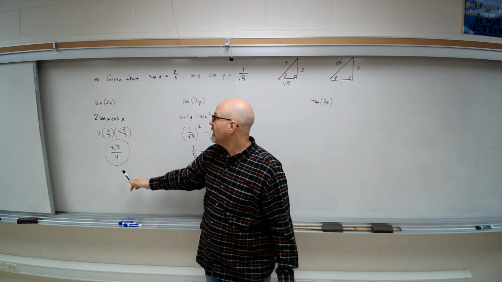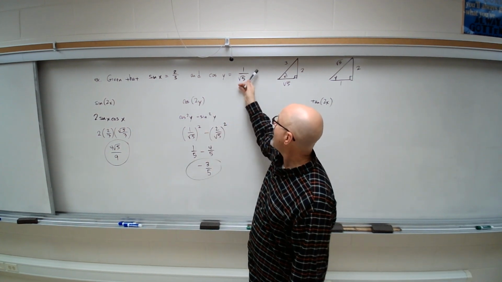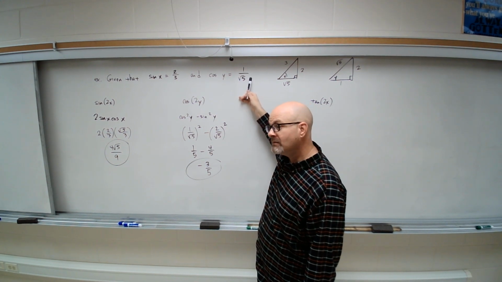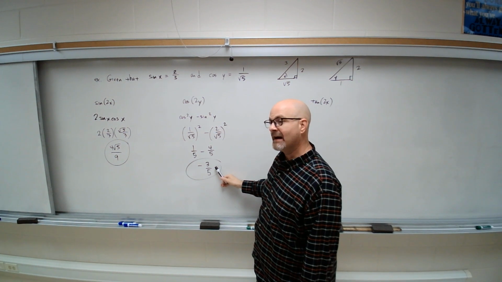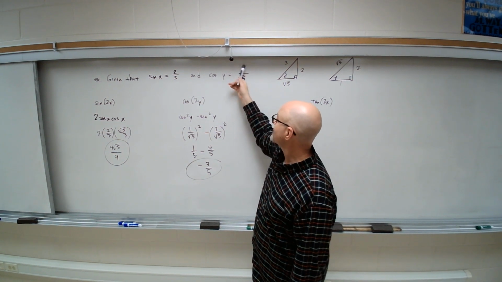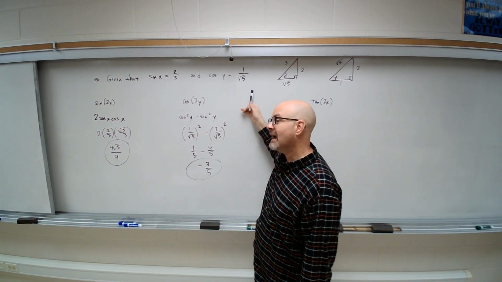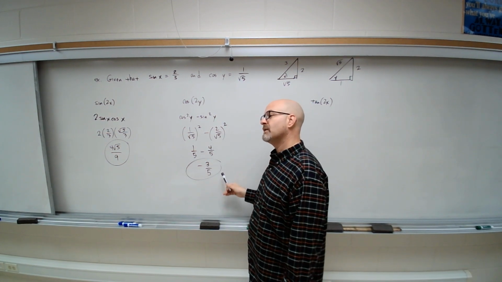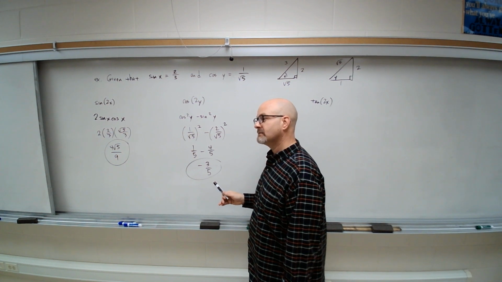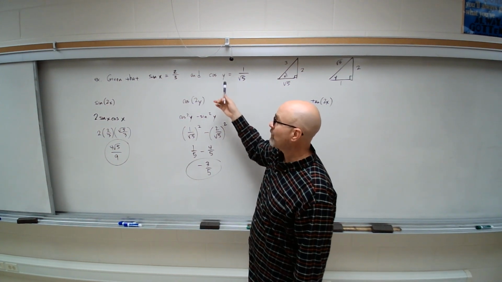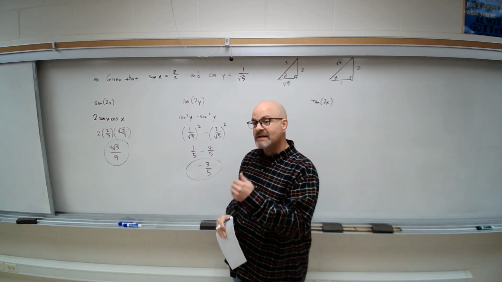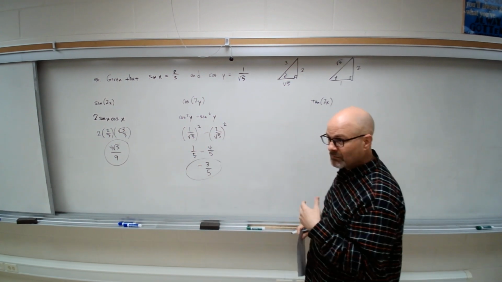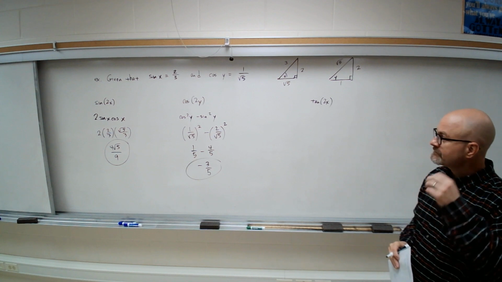But for y, the cosine was positive, and when you doubled the angle, we get a negative value, which tells me y must have been between 0 and 90 degrees, but when you doubled it, you got negative, so it puts you in the second quadrant. So y must have been bigger than 45 degrees, because when you doubled it, it moved you over into the second quadrant. Something you could think about there.